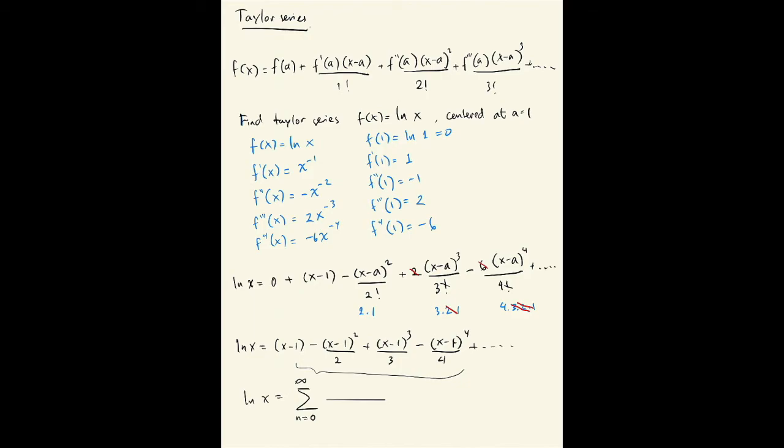It's only 1, 2, 3, 4, right? We can just say it's n plus 1. And then x minus 1 is also n plus 1. But because it is an alternating series, we need to multiply by negative 1, because it's positive, negative, positive, negative. Alternating signs, right? So we need to multiply by negative 1 to the n.